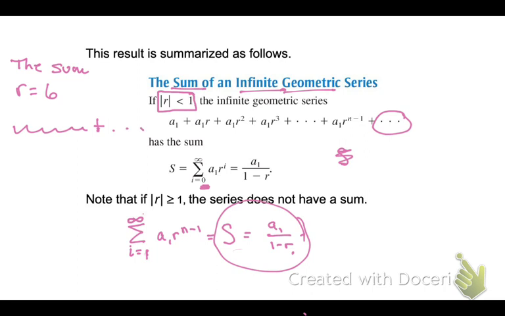That's infinite, yes? And I said find the sum, and r is 6. You would say undefined, because the absolute value of 6 is greater than 1. And that's your answer. Do you think there's going to be at least one of those on the test? Probably. Yes.